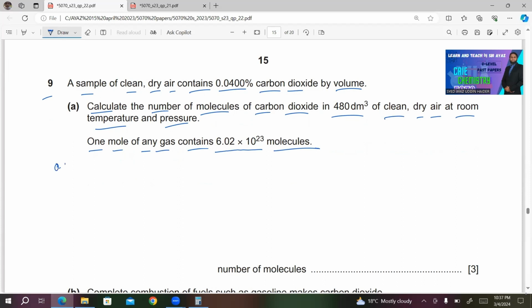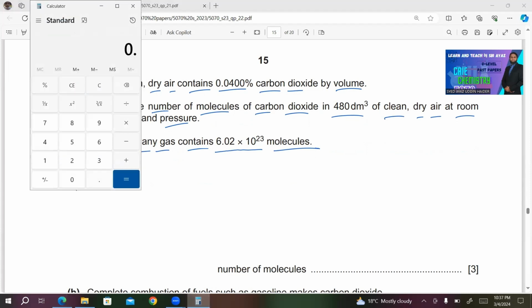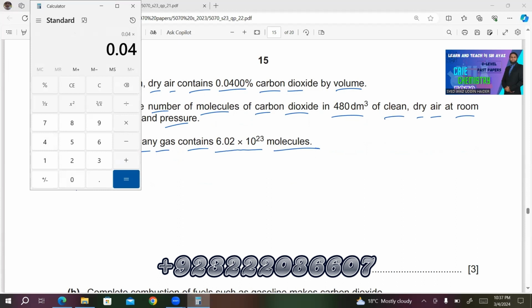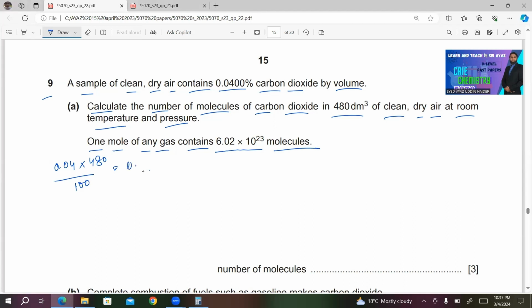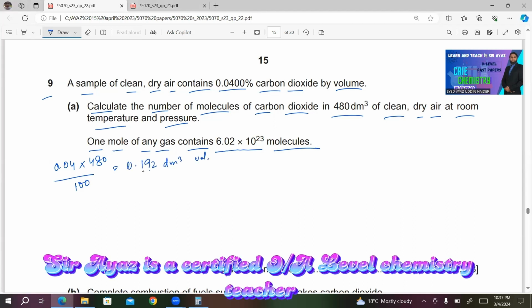So 0.04 multiplied by 480 divided by 100 gives 0.192 dm³. This is the volume of carbon dioxide.